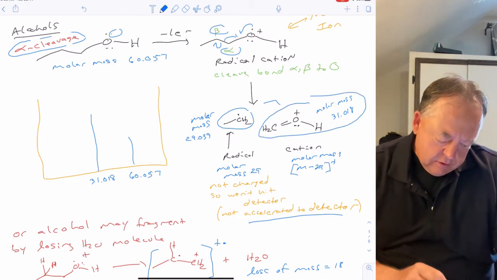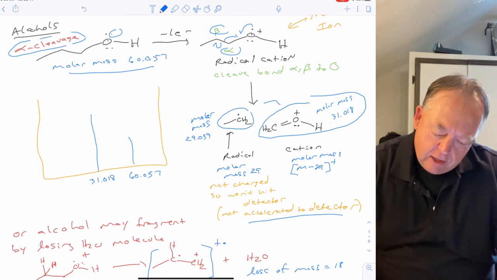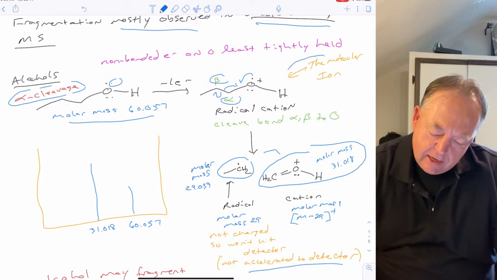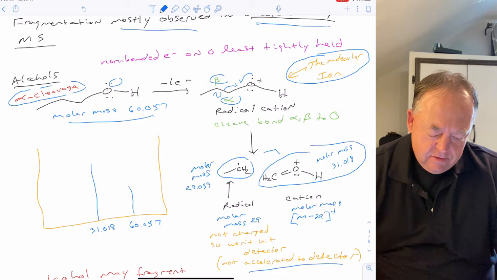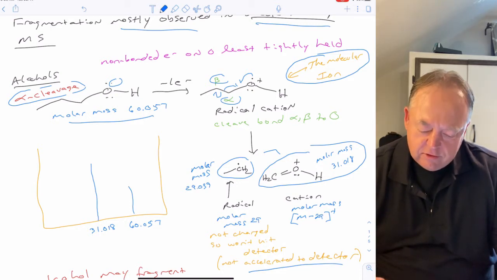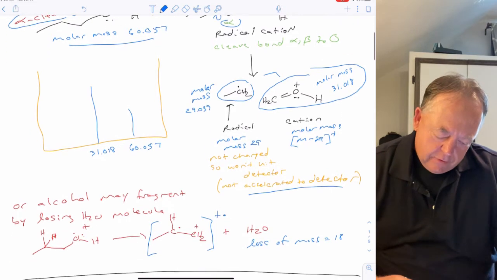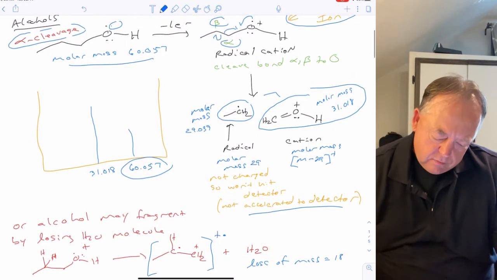The starting alcohol had a molar mass of 60.057. When you knock an electron off to make the molecular ion, that essentially has the same mass as the starting material, because electrons don't have much mass compared to protons and neutrons. So that would be your parent ion peak at 60.057.